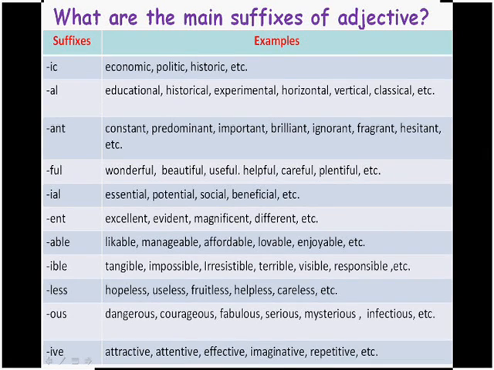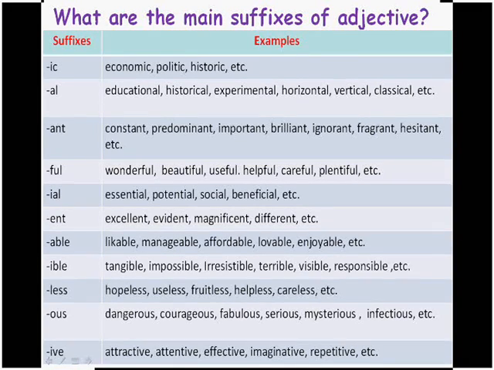Then I have AL: educational, historical, experimental, horizontal, vertical, classical. And then I have A-N-T, like constant, predominant, important, brilliant, ignorant, hesitant.